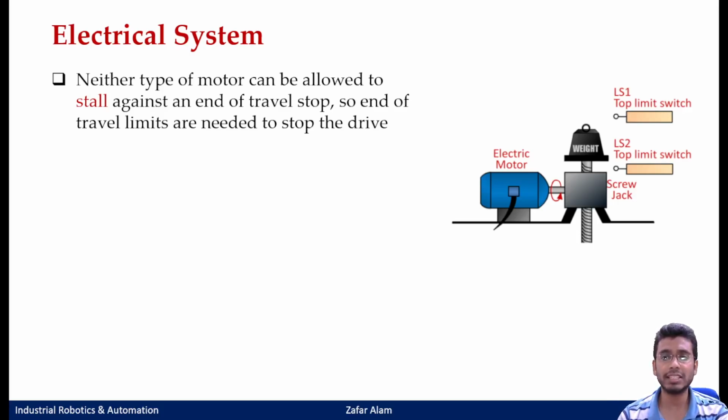If you can see in this picture, you have your top limit switch and then you have your down limit switch. These two limit switches are there to detect the end positions, whether the load is at the lowest end position, and when it has reached the topmost position of 500 mm, there should be a limit switch to detect it. Only then can it tell the motor to stop or stall.